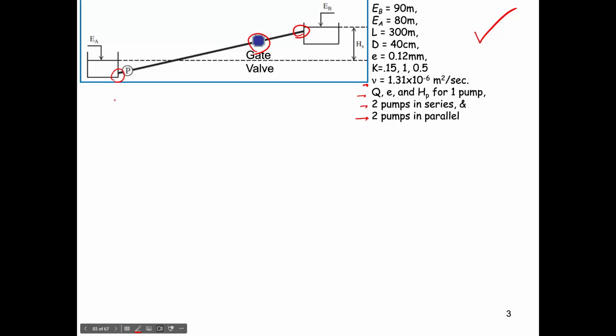I will start writing the Bernoulli for you. EA plus H of pump equal to energy at point 2, which is B, because I'm going to work on A and B, plus all the losses here. I will keep HP here, EB minus EA plus HL.